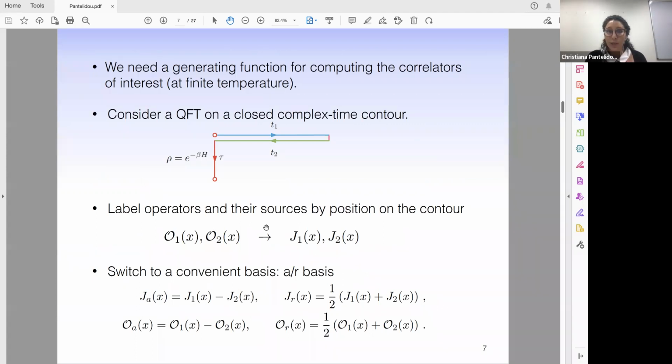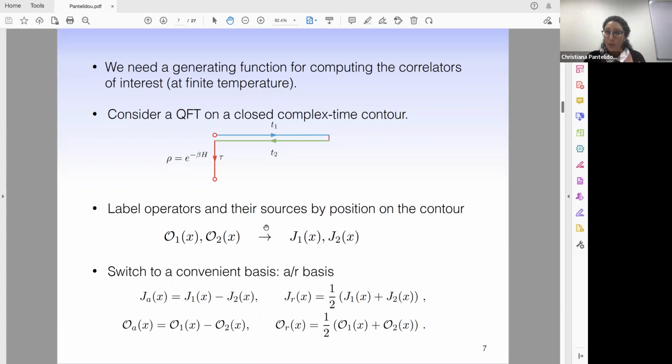In order to do this computation, our starting point is essentially to write down a generating function that when you vary it with respect to the sources, you get the correlation functions that you want. So that's our starting point.